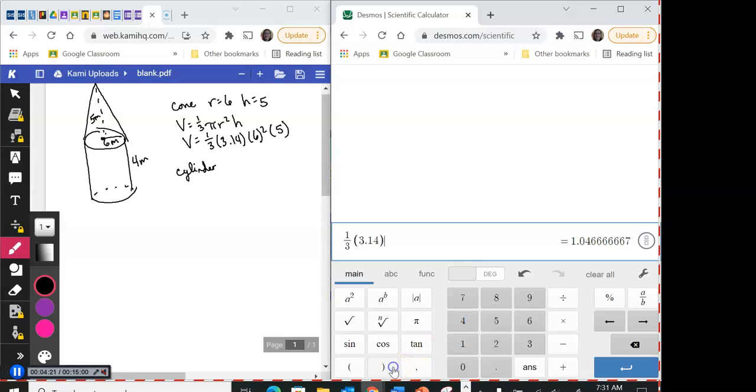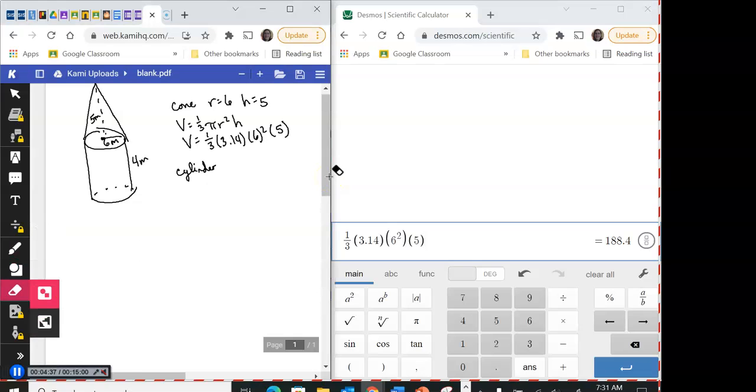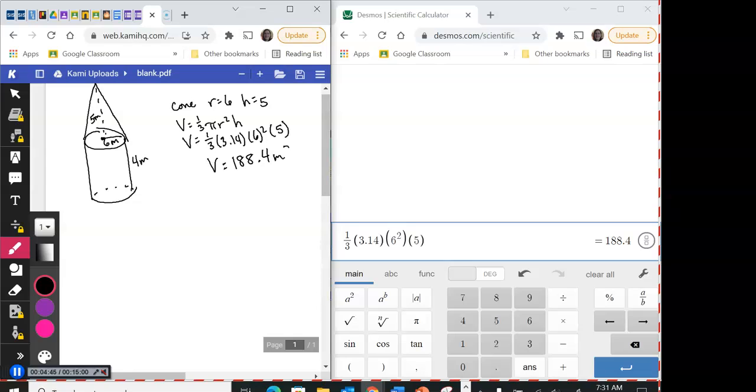It's one that's close to the one that you'd be given on like the GMAS and things like that. So this would be a good one to use at home if you needed it, depending on what calculator you have. So yeah, I just typed all of that in and I got 188.4. So this volume is 188.4 meters cubed.